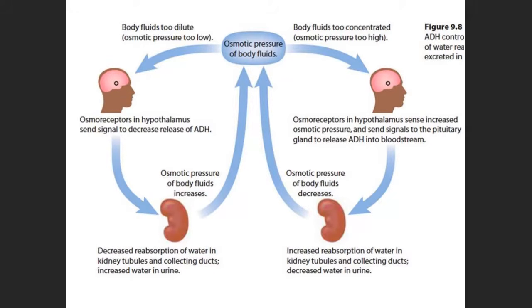So ADH then increases water reabsorption. And as soon as the cells of the hypothalamus indicate that the body is becoming more hydrated, it will send a feedback message to prevent the further release of ADH.